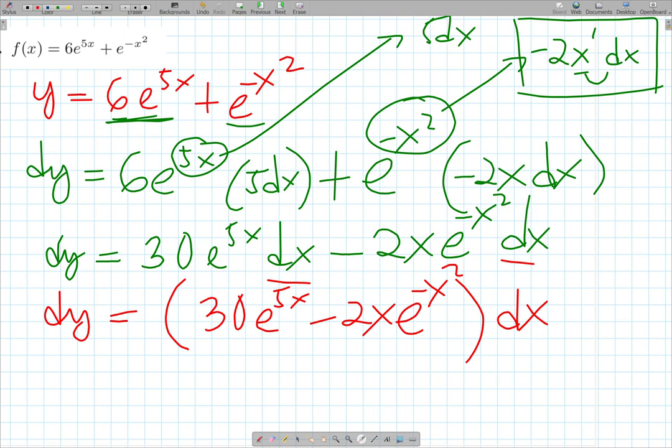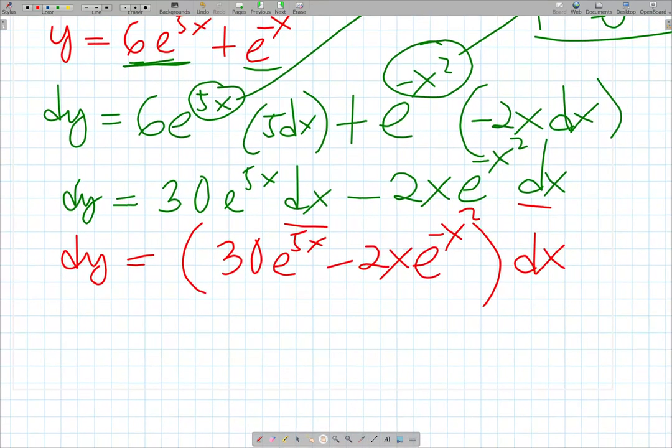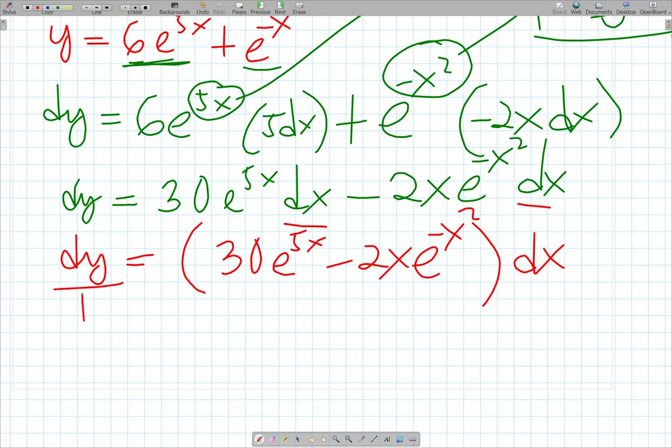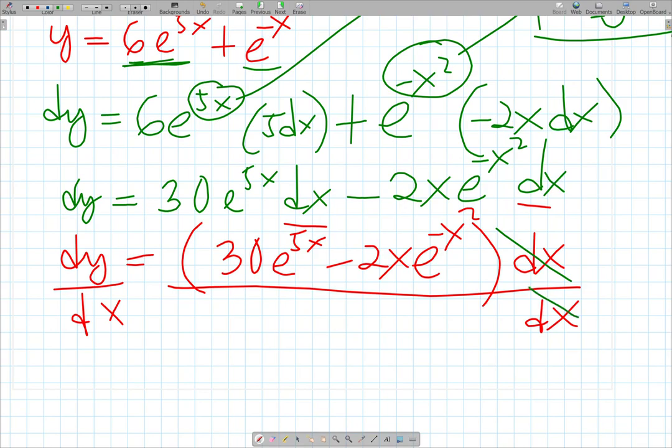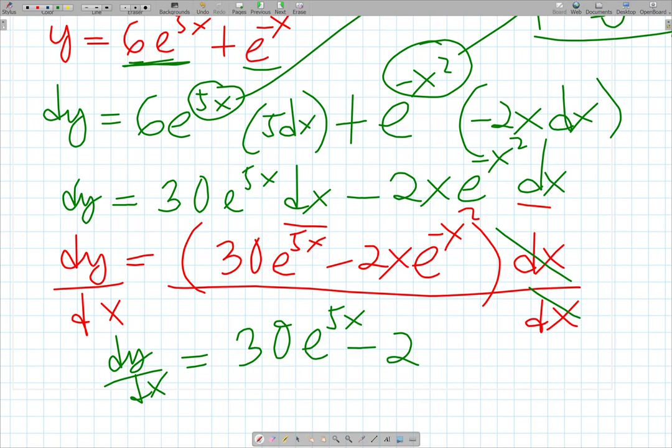Since we are looking for dy over dx, just divide both sides by dx. The dx cancels out. So dy over dx is equal to 30 e^(5x) minus 2x e^(-x²).